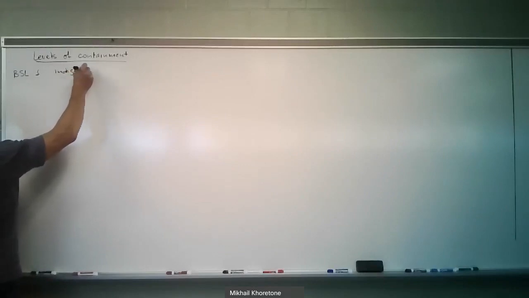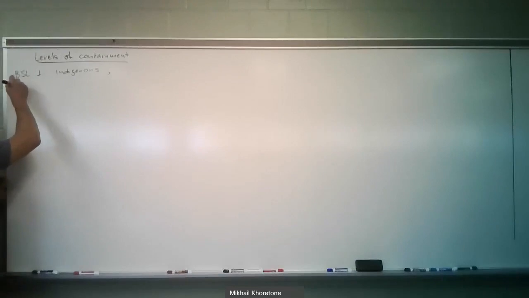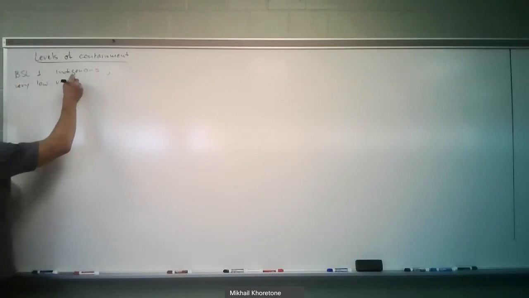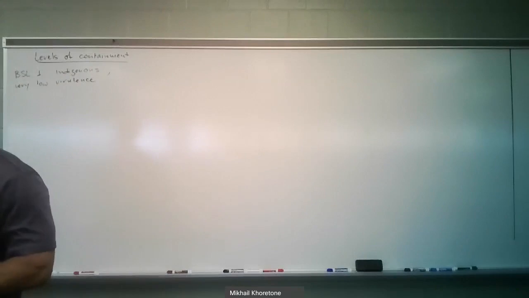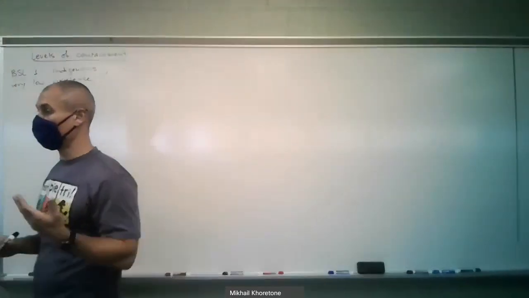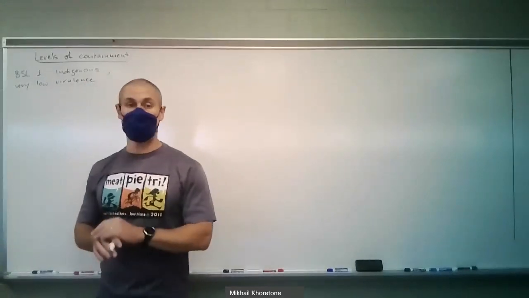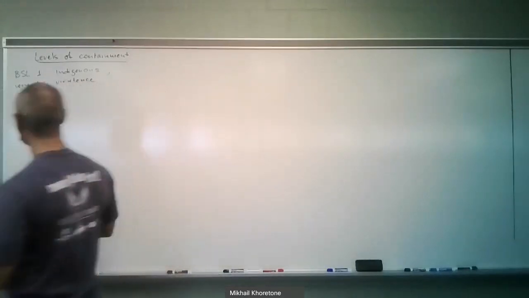BSL 1, we are dealing with indigenous pathogen, meaning it's not exotic, it's not coming from some other continent. Very low virulence. So basically, we work at BSL 1 level. Okay, microorganisms cause virtually no disease. Does that make sense? Then we have BSL 2.